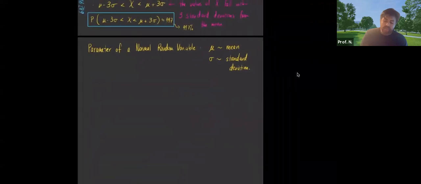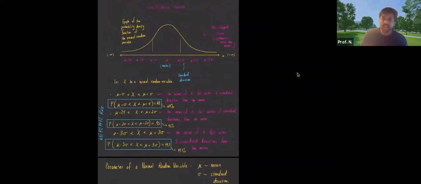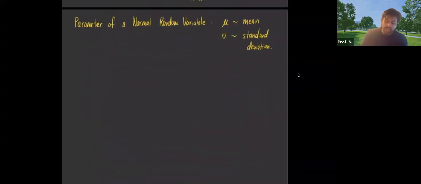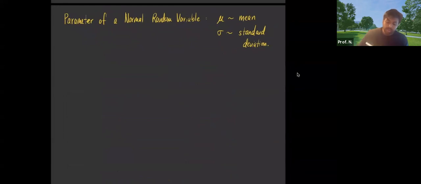Okay, so of course we're not just going to stick to this. This is a pretty introductory explanation of what a normal random variable is. What we also very much care about is the probability density function. So what is the probability density function?